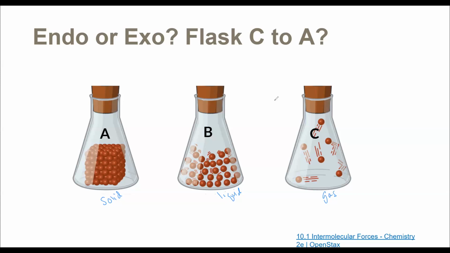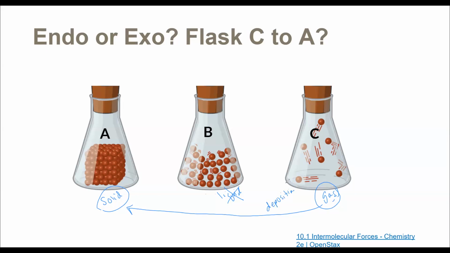And where are we going? We're going from flask C to flask A. They didn't talk about flask B, so we are skipping it. So this is not a gas condensing into a liquid and then a liquid freezing into a solid. It's going directly from a gas to a solid, which is deposition.